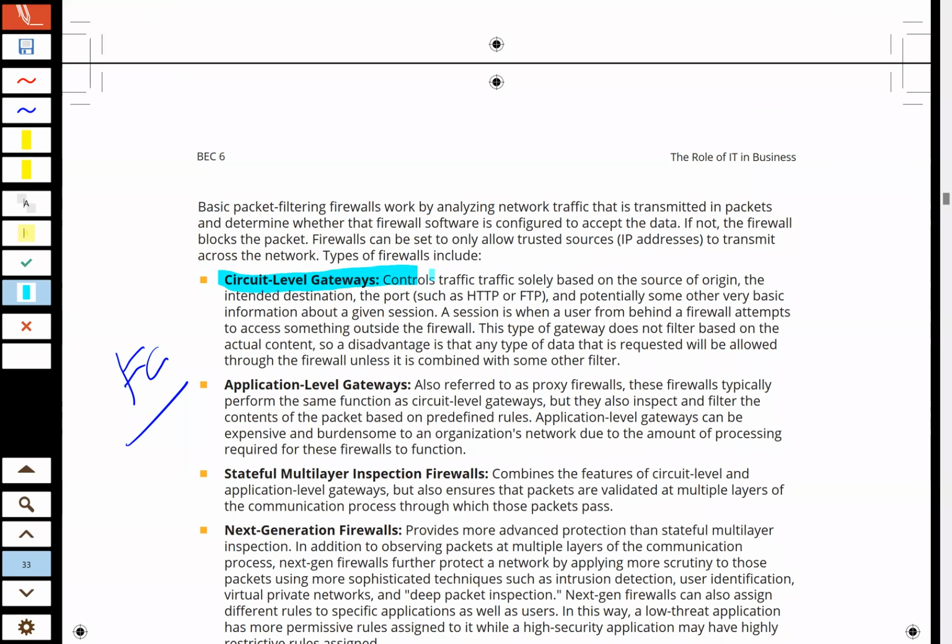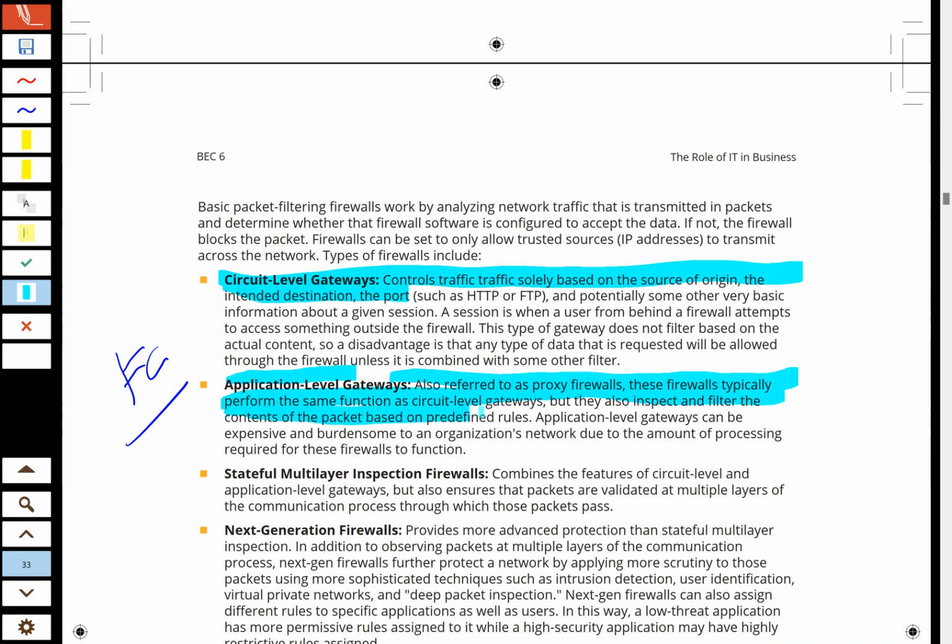Circuit level gateways control traffic solely based on the source or the origin of the intended destination. Application level gateways, also referred to as proxy firewalls, typically perform the same function as circuit level, but they also inspect and filter the contents of the packet based on predefined rules.